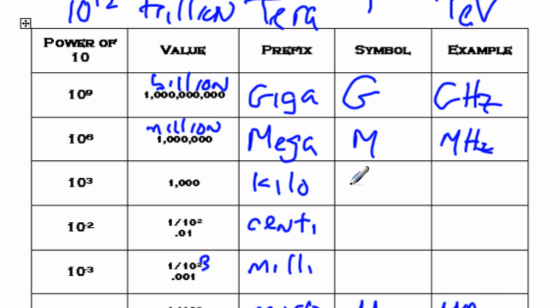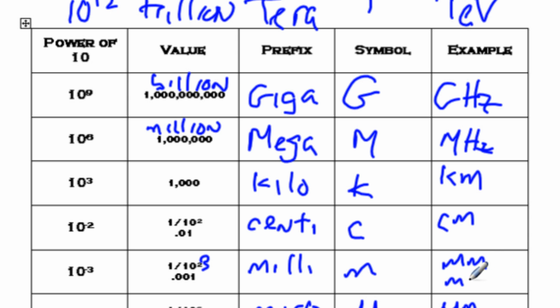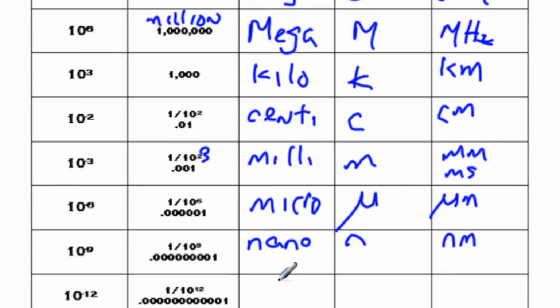To fill in these symbols, kilo is a little k, centi is a little c, and milli is a little m. So, kilometer, kilogram, centimeter, millimeter, milligram, millisecond perhaps.